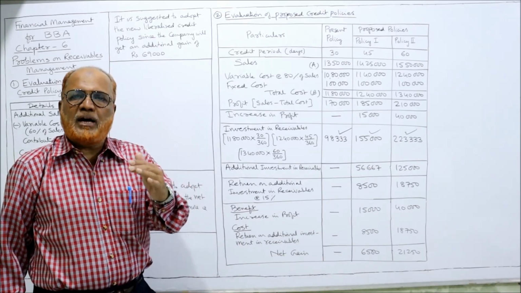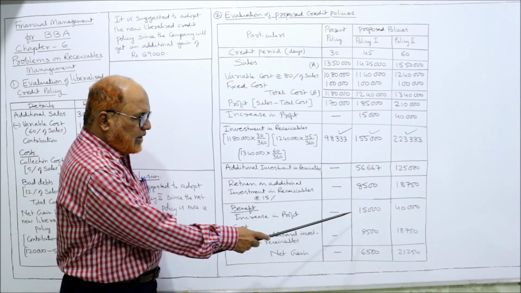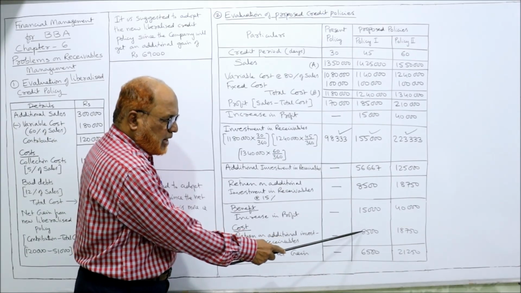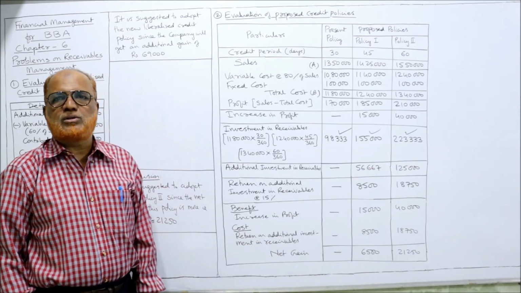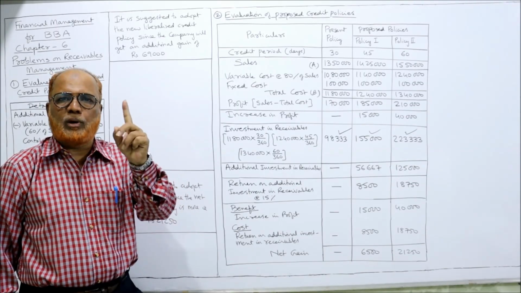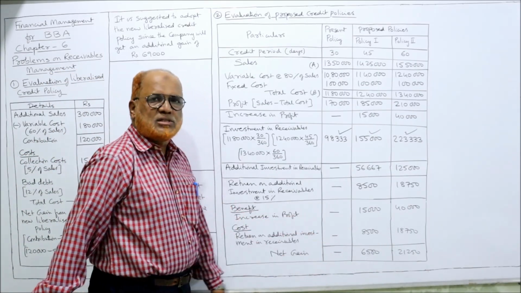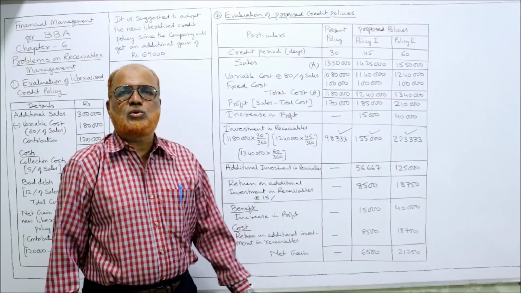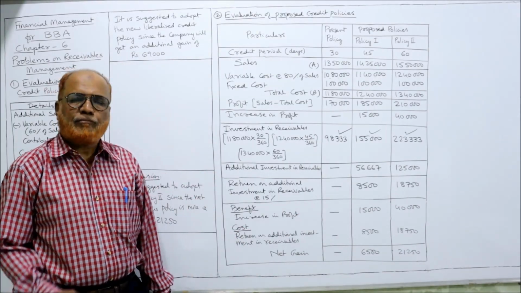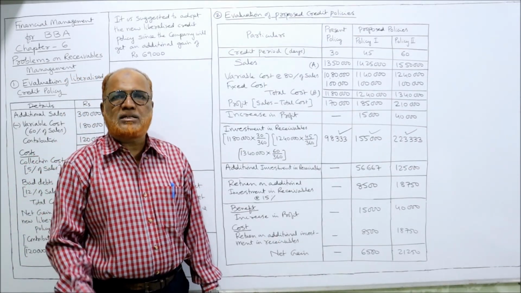Now benefit minus cost will give the net gain, right? So benefit 15,000, cost is 8,500. So 15,000 minus 8,500, 6,500 is the net gain we are going to get from policy 1. Similarly, 40,000 minus 18,750, you will get 21,250. That is the net gain from policy 2. Now compare: which policy gives more net gain?